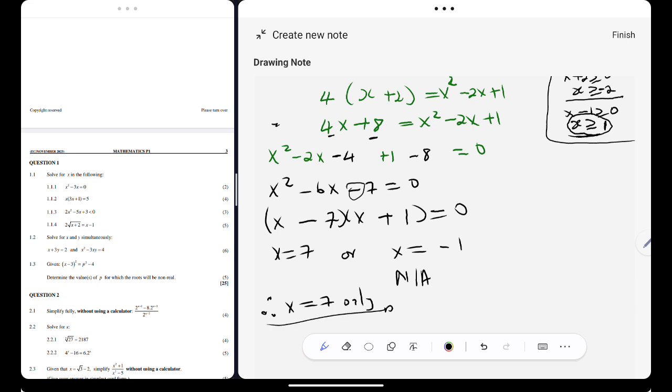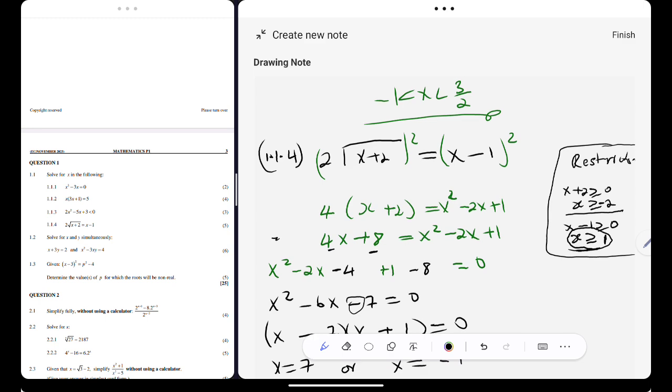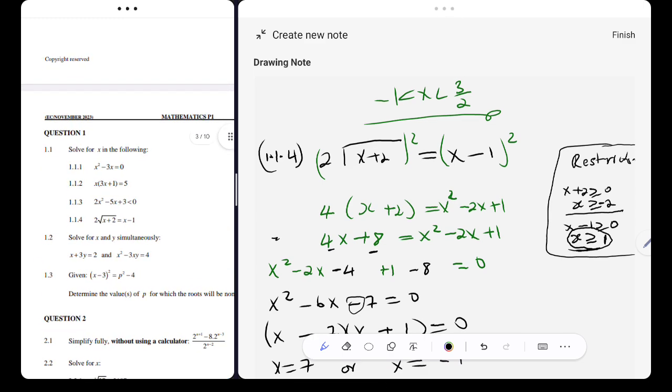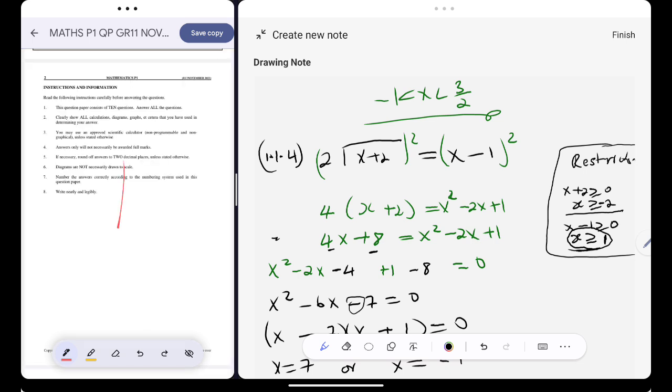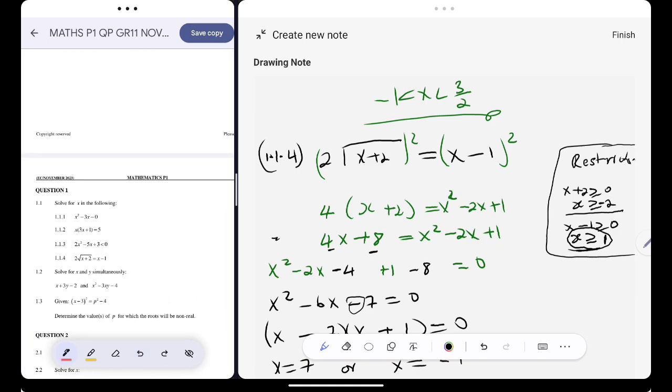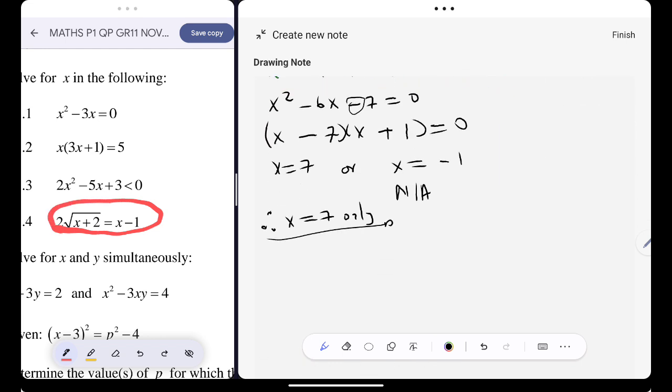If you don't want to write your restriction like me, after finding your two solutions, 7 and negative 1, you go back to the original equation. You substitute these two x values.